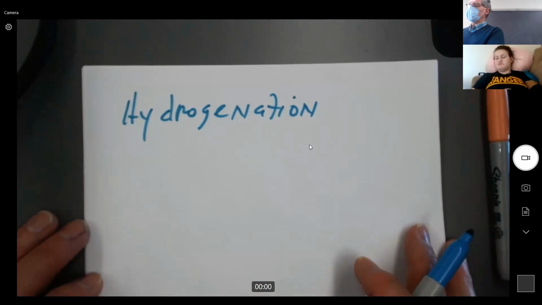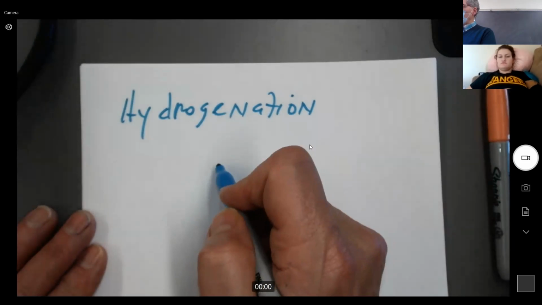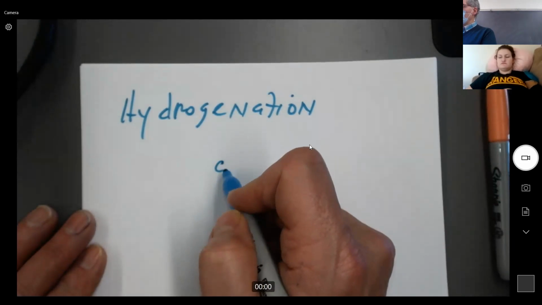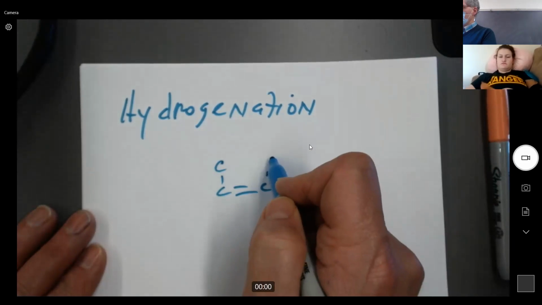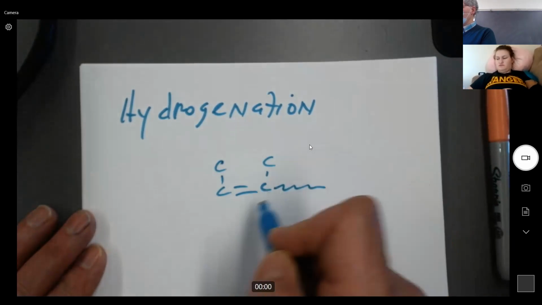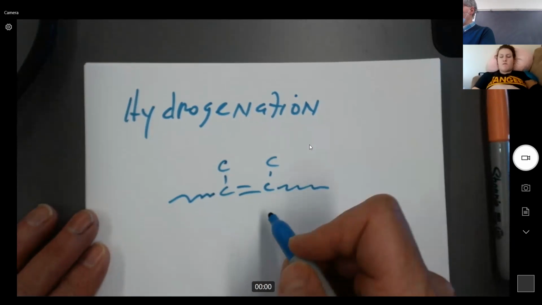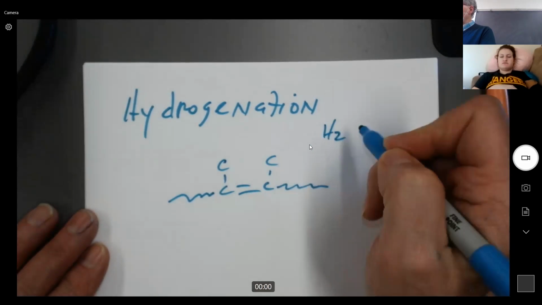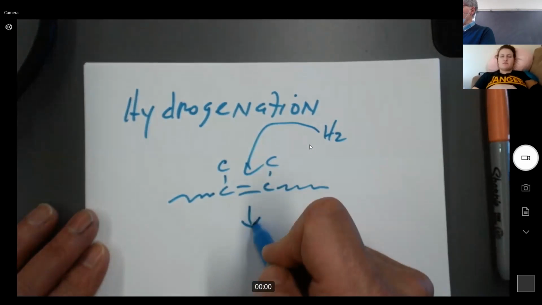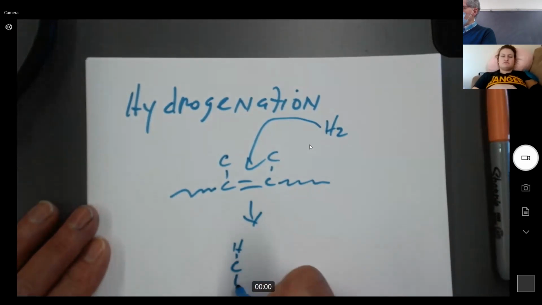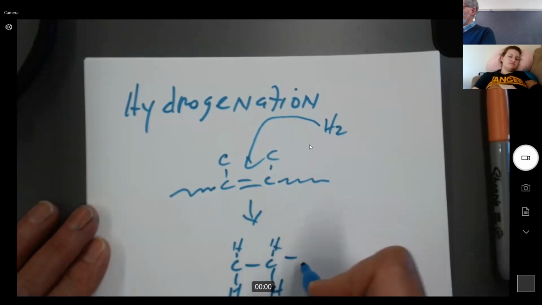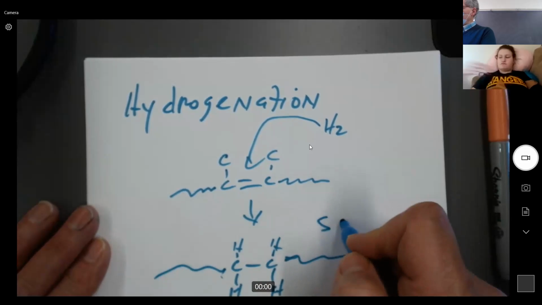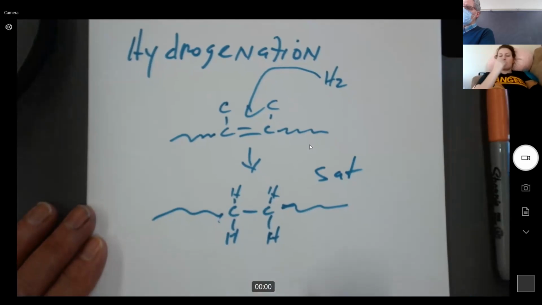And this hydrogenation, if you have a double bond and you add hydrogen across it, well, of course, then you'll end up with a saturated fatty acid. Now, wouldn't it be nice if it worked that way all the time?